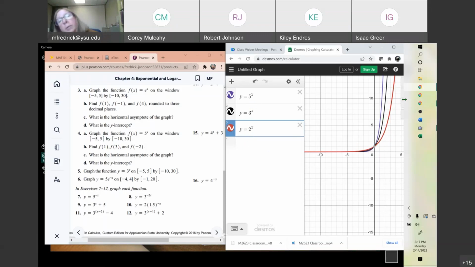So it's the same graph, it just grows a little faster. And notice they all cross this point, 0, 1. So if we were shifting, that's the point we would shift from. Any questions on that?